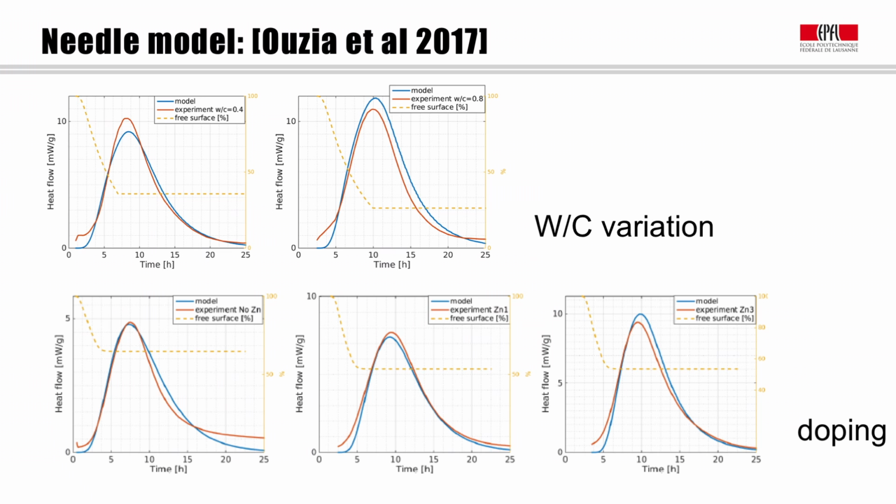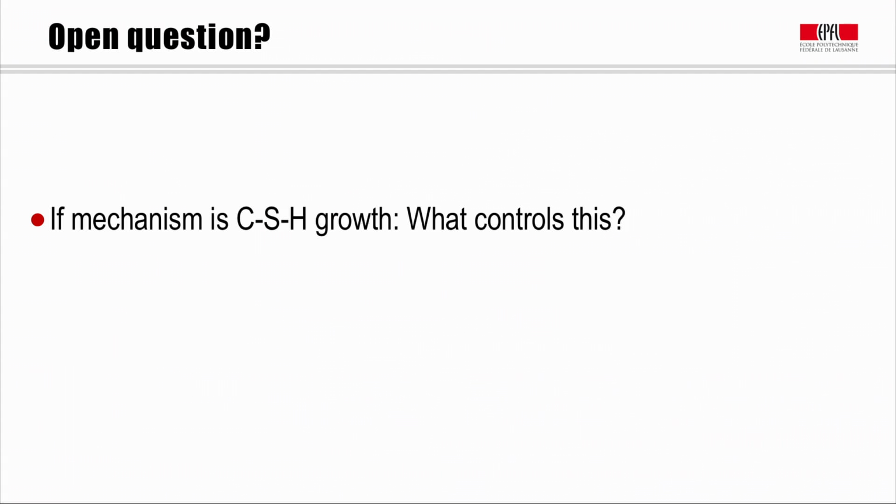Of course, we're not at the end of the road because there are important open questions. If this mechanism is controlled by these needles that grow and then stop, what's controlling this? Unfortunately, today we can't answer that question, but with work we have underway looking at the much more atomistic level, I'm pretty confident we'll be able to answer this in a year or so's time.